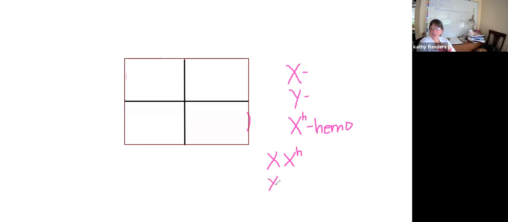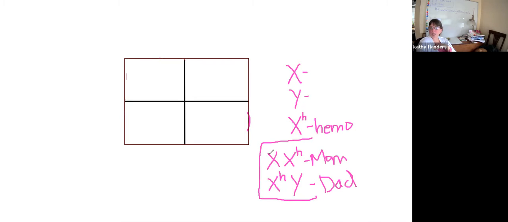Dad has hemophilia, and since he is XY, the only X that can have hemophilia is his 1 X. So when I get ready to set up my Punnett square, I have to have mom and dad's alleles, with the X and Y. So there it is, mom and dad's alleles.